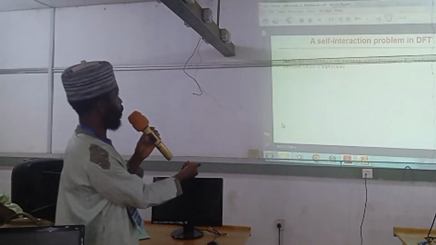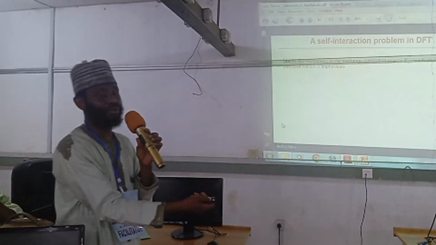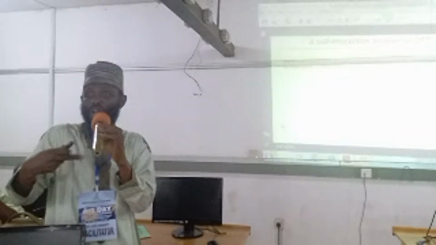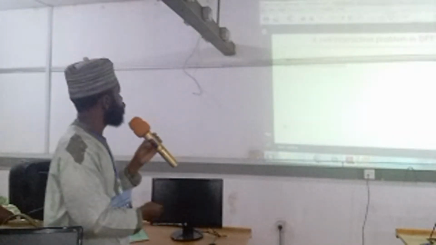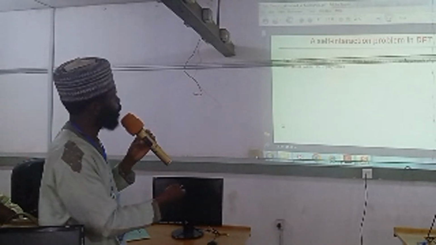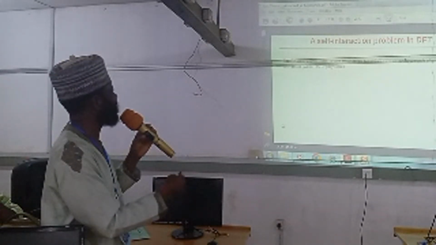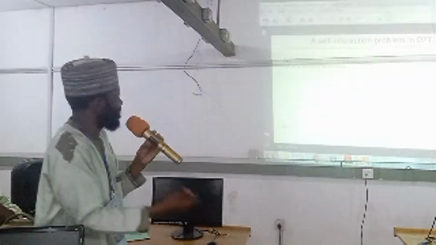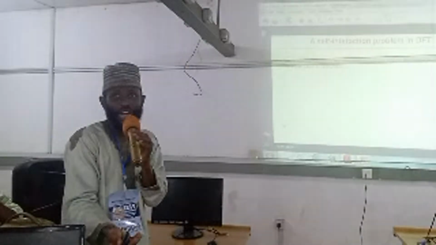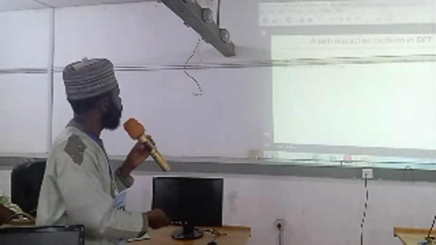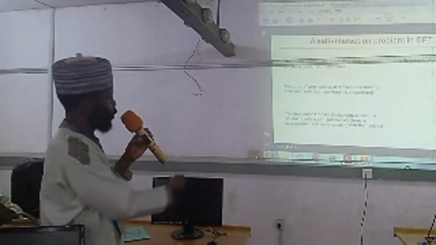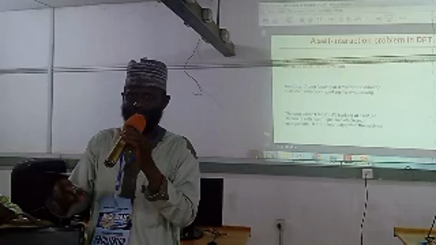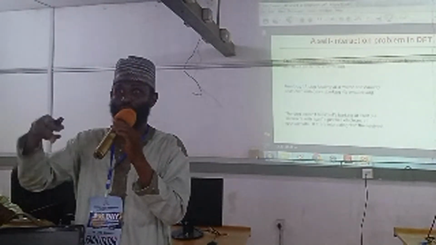For example, this one is the self-interaction problem, the interaction of an electron with itself, so we have to consider that. Due to the approximation to the exchange correlation energy, each electron interacts with its own charge, which is not physically possible. Here is an analogy: if a dog sees itself in the mirror, it will assume it's another dog.